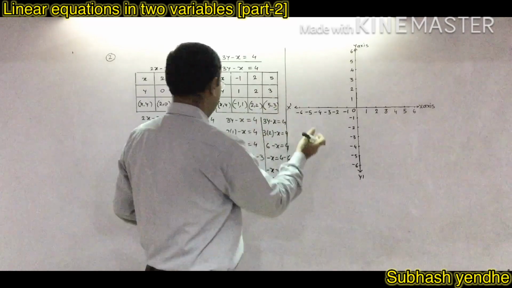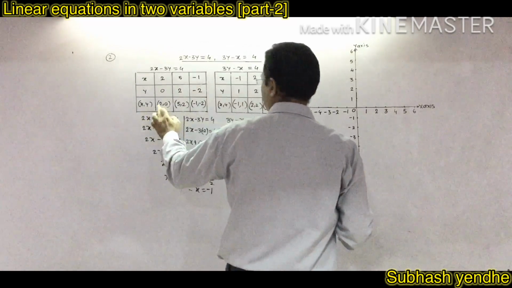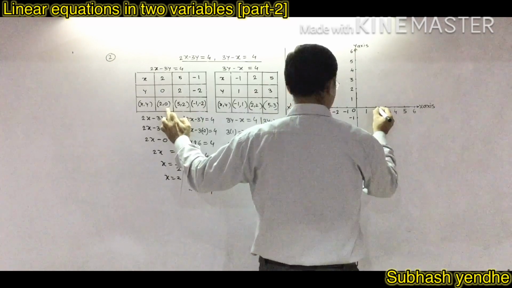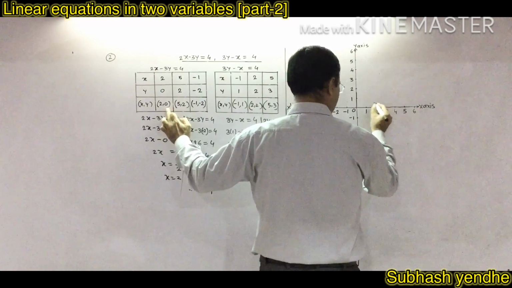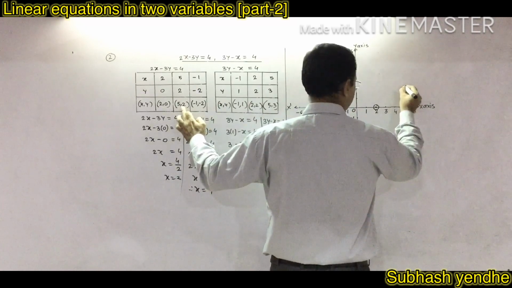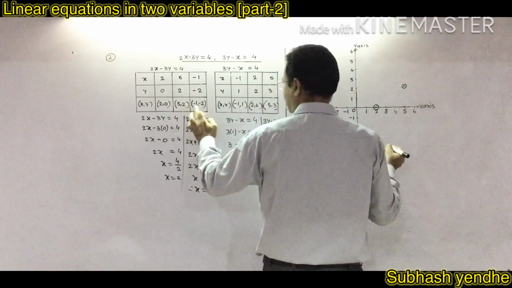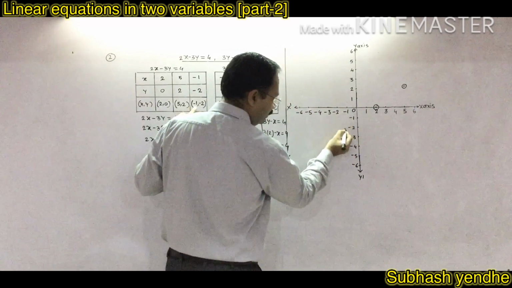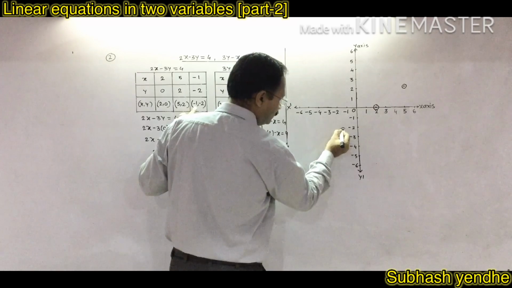Okay. Now let's see, the coordinates are 2 and 0. 2 on the x-axis and 0. So here you have to plot the point. Second is 5 and 2. So here you can plot the second point. Then minus 1 and minus 2. Minus 1 is here, minus 2 is here.